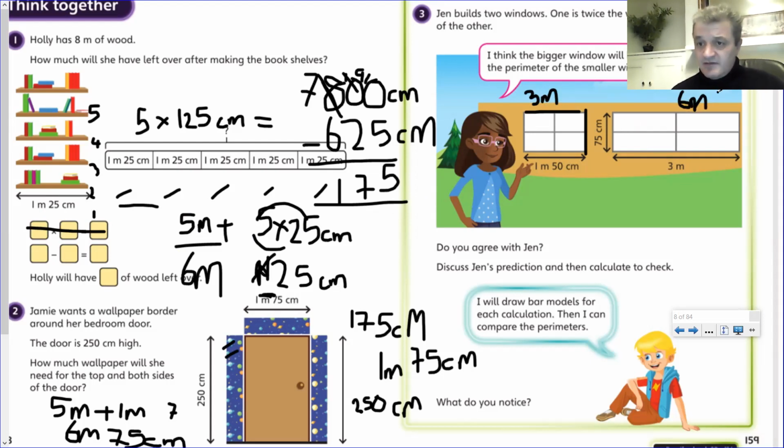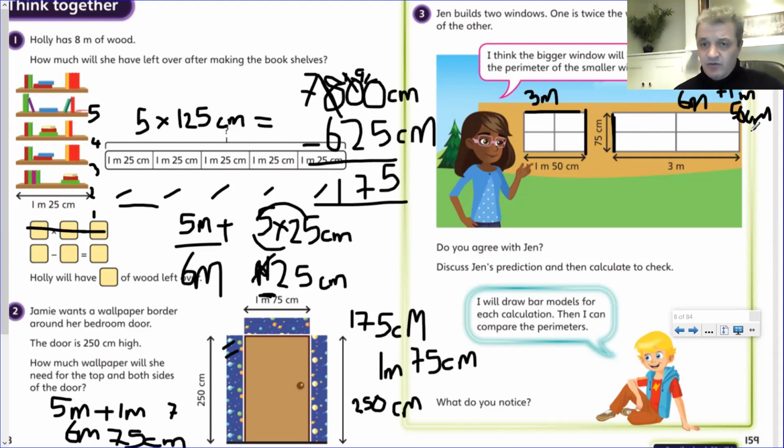Plus the 1 meter 50. They've both got 1 meter 50 centimeters, because they're both the same height, in effect.